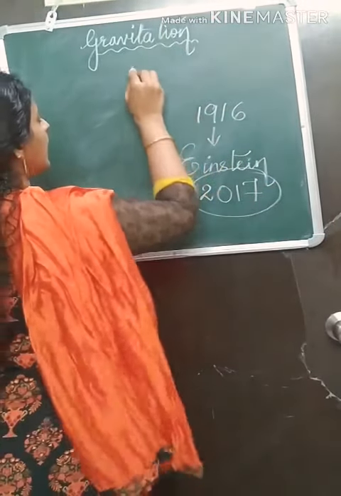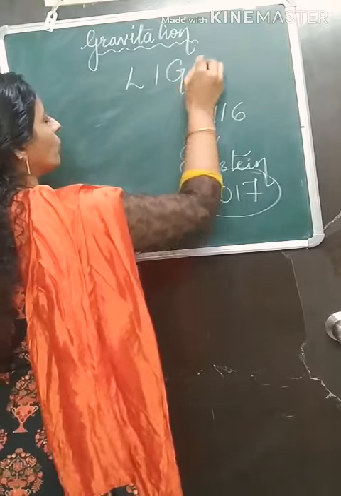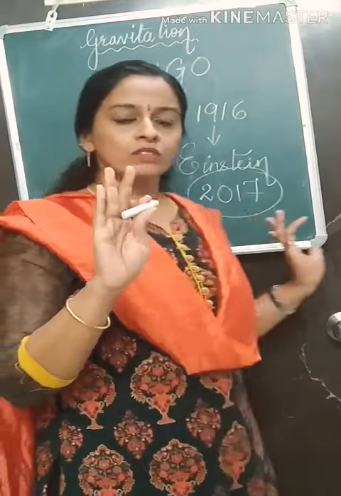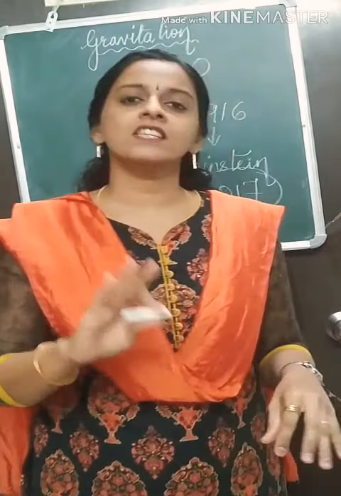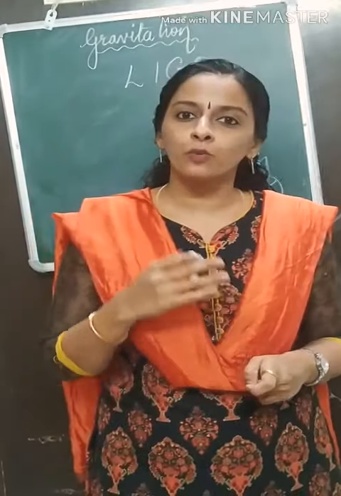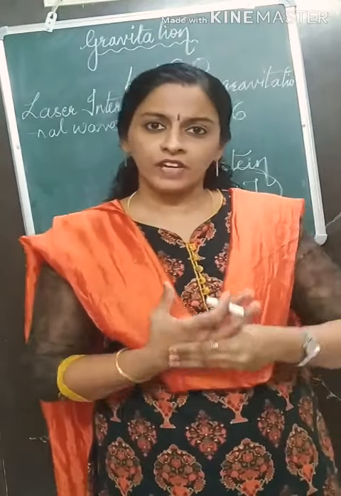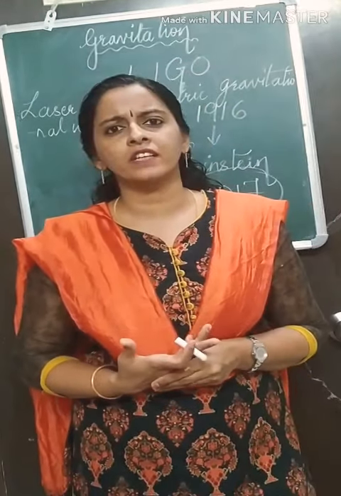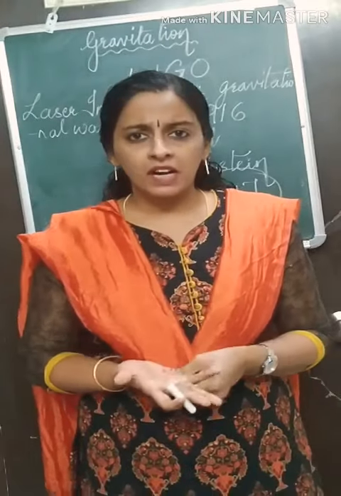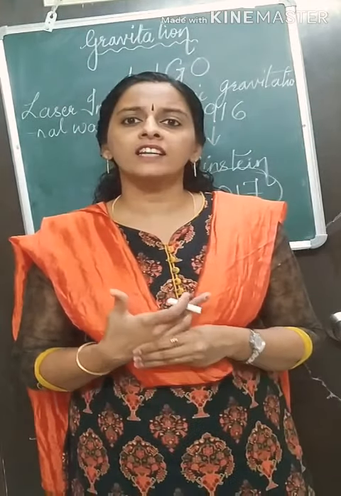Though not only three physicists, these three physicists got their Nobel Prize for the invention of this instrument. We have already studied electromagnetic waves like gamma rays, X-rays, ultraviolet rays.